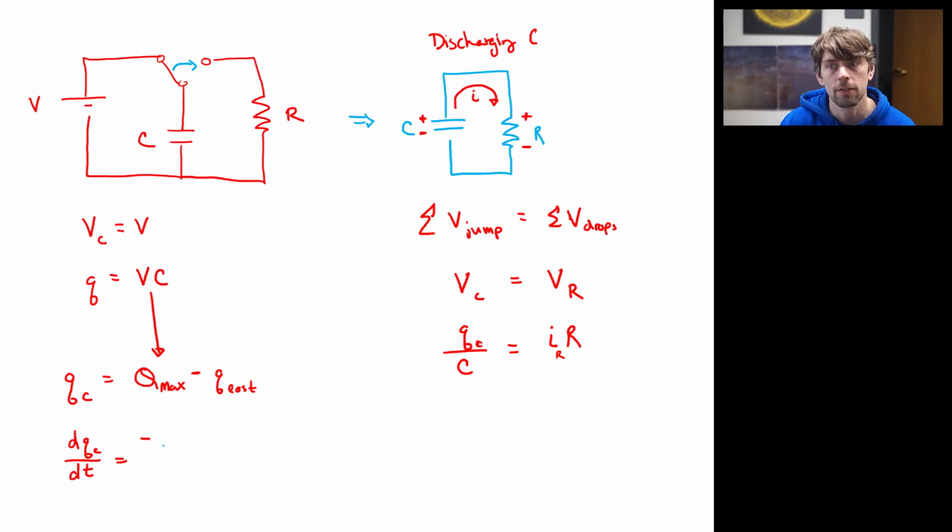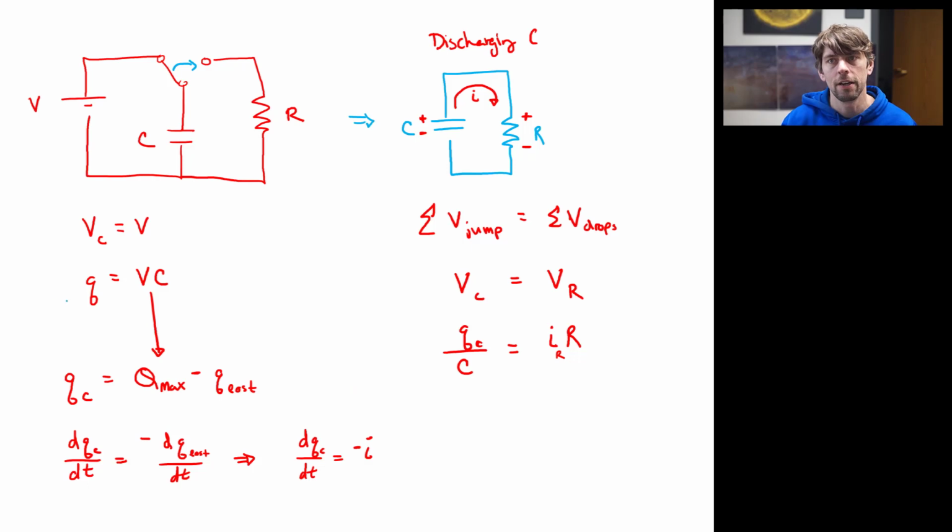And so what I have is that the change of the charge on the capacitor is equal to the negative of the lost charge. A different way to say it is that dQ_C/dt is negative the current. The change of the charge on the capacitor is equal to the negative current flowing through the resistor. And that piece we'll need.